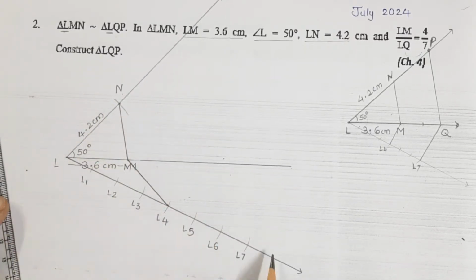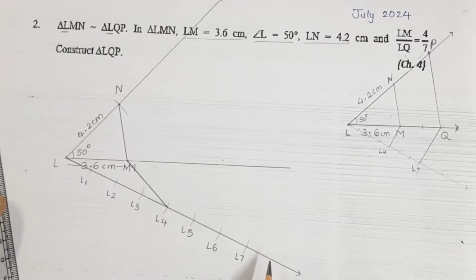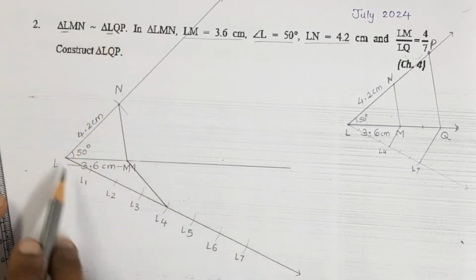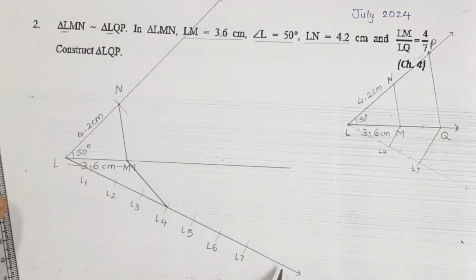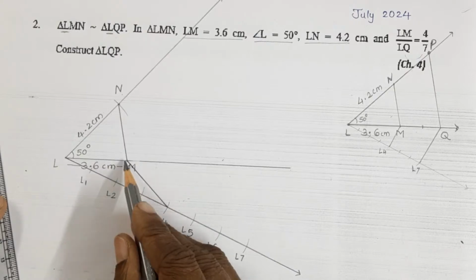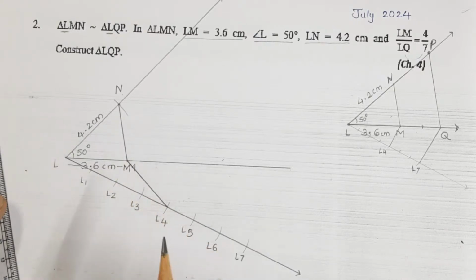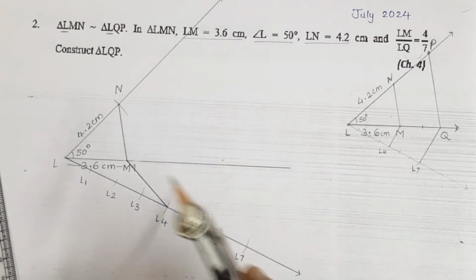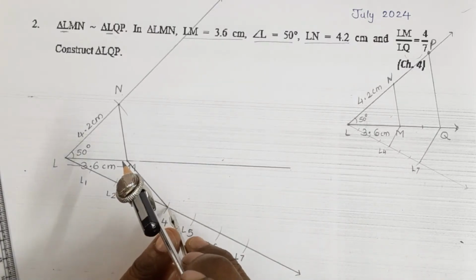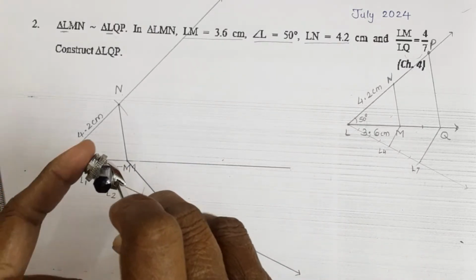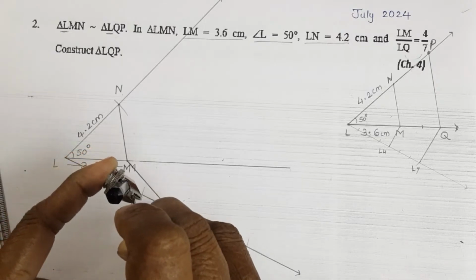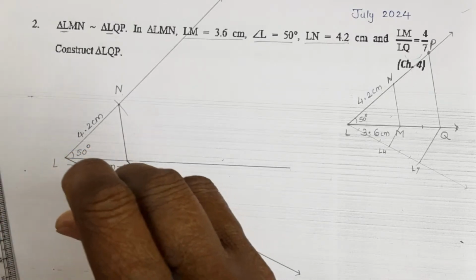Now by this process to form the triangle LQP, we draw this 7 mark arc with specific distance, L4 connected with M. And then making the parallel lines, keep the compass on L4 and take the distance here.